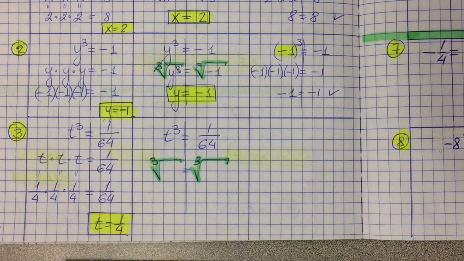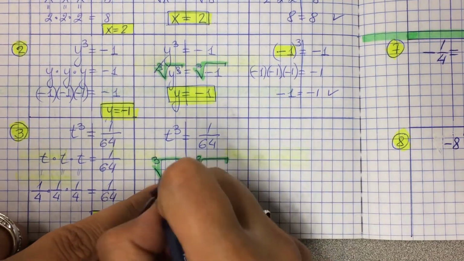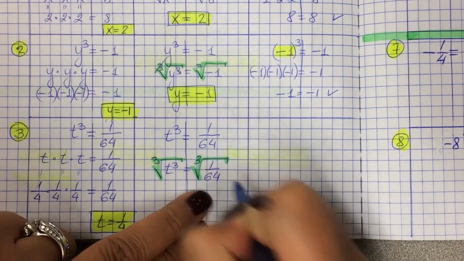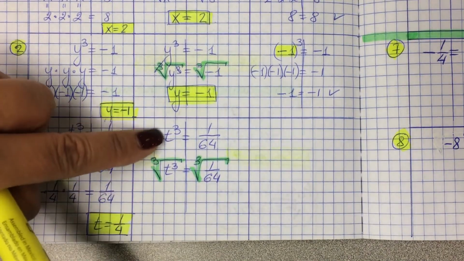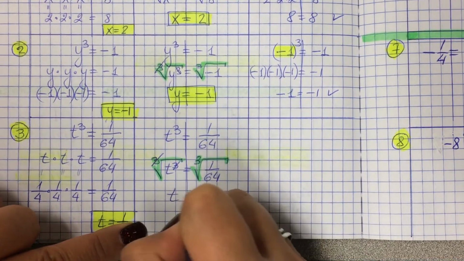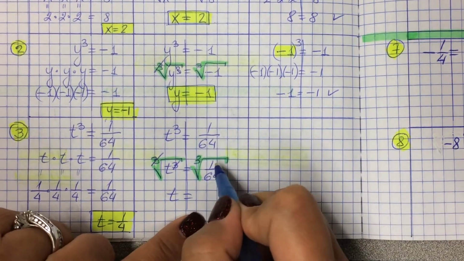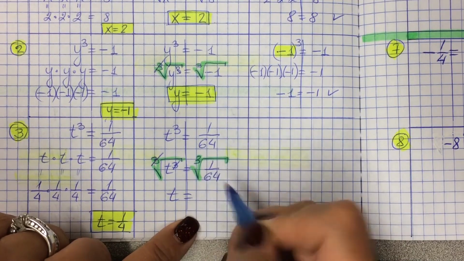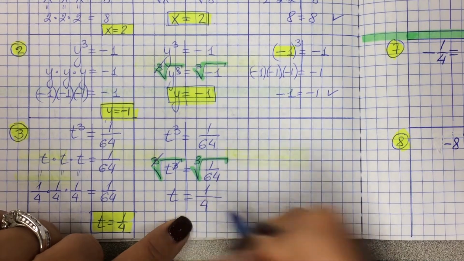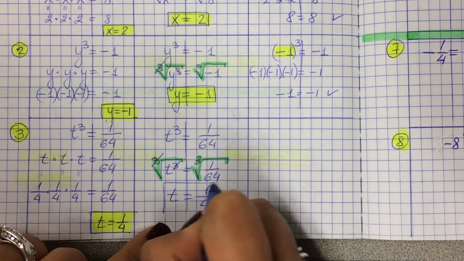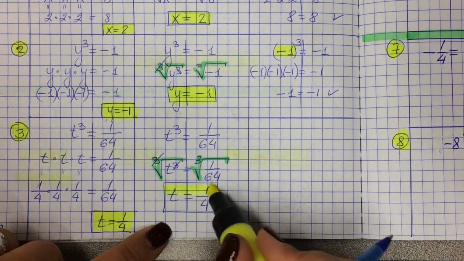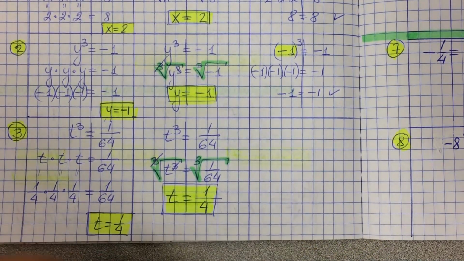Cube root and cube are inverse operations, and we have t equals the cube root of 1 over the cube root of 64. The cube root of 1 is 1, and the cube root of 64 is 4, because 4 times 4 times 4 is 64. So our t value is 1/4.